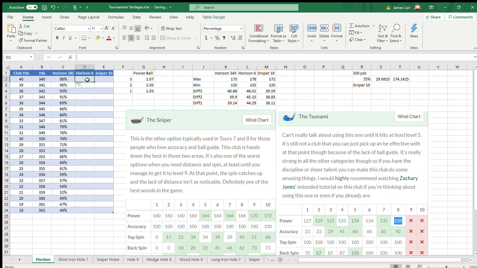And you would do that for each of those. So this divided by that. And I think that's pretty intuitive, right? If this club has 46 yards of range, between min and max, then if you're at the 40-yard mark, it's going to be a little bit lower than the other one.